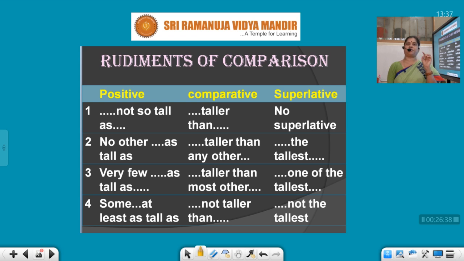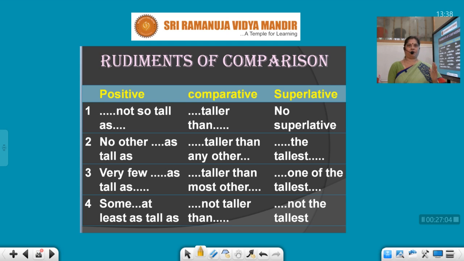And whenever you're using positive, you will always have as before and after the adjective, as or so as. And whenever you're writing a comparative degree of comparison, after the adjective you have to use than. And whenever you're using superlative, before the adjective you have to use the.